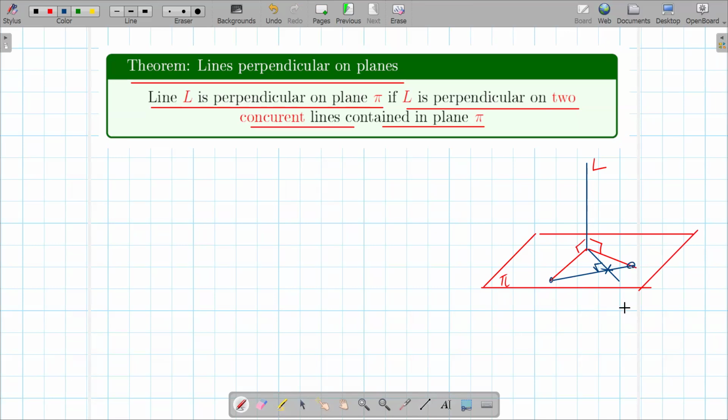And now, let's take a point on line L. Let me connect these vertices right here. And let me mark a few lengths on here, okay? So let's say this is A, this is B, this is C, this is X, Y, Z, okay? Let's say this is D and this is E.